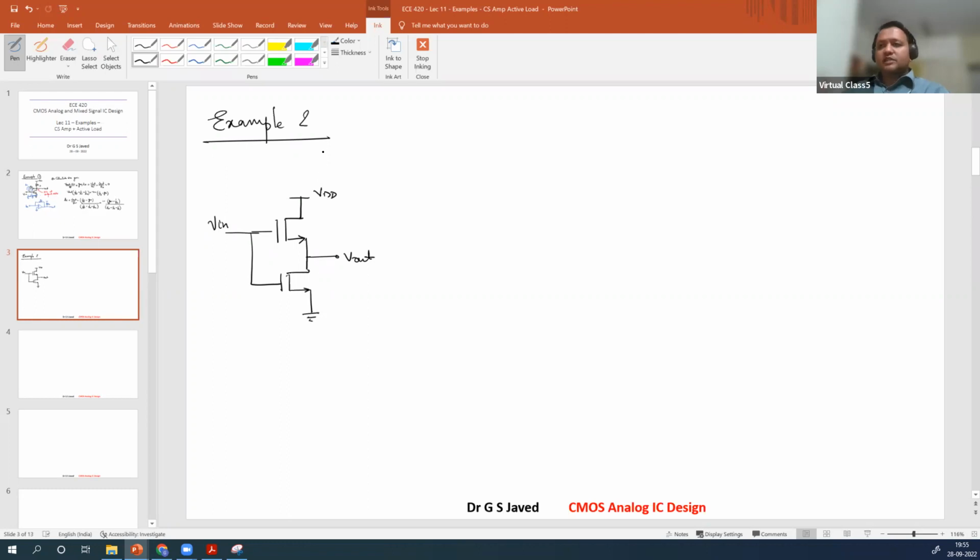So what is the question that you will find out? There are 2 ways of finding out this question here. So first part, assume, notation is important. So M1, M2. Assume M1 and M2 are in saturation.